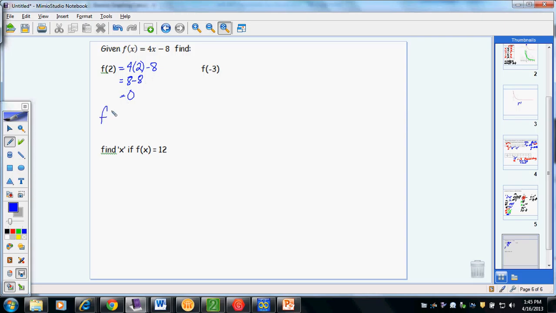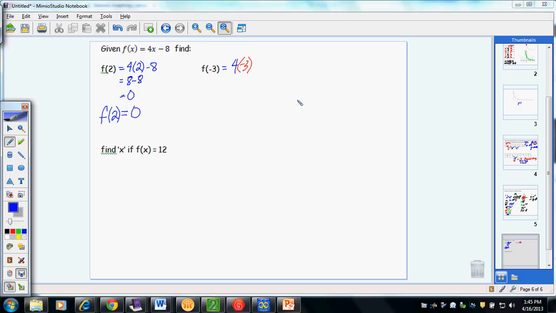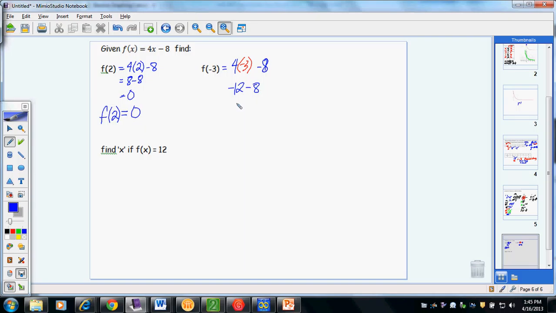So when x equals 2, f of x will equal 0. All right, so again, f of negative 3, we will plug in negative 3 for x, minus 8. So we have negative 12 minus 8, which is negative 20.